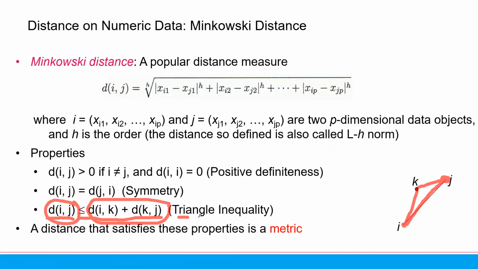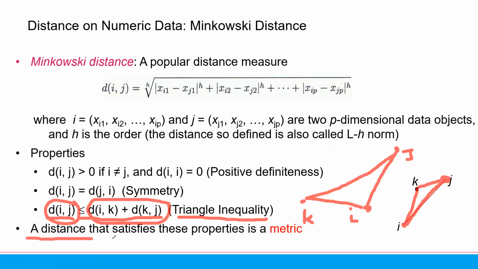Because this is the triangle inequality. Because we can see this kind of triangle. So it can be something like this. For example, i here, j is here. We can have k here. So k here, of course, is higher than the Dij. A distance that satisfies these properties is a metric. So we call it the metric distance for the numerical data.